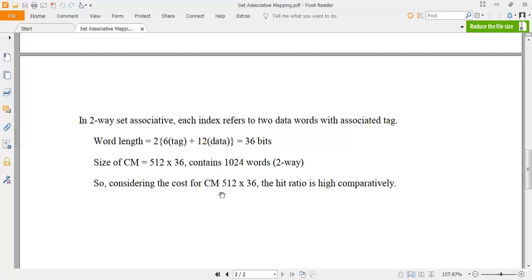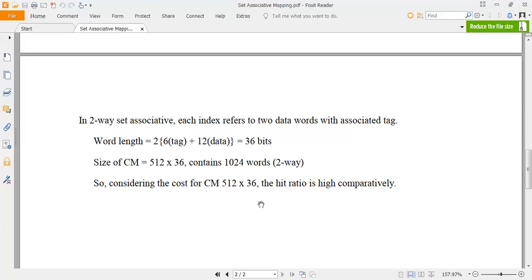So what is the advantage of this? Rather than a 512 address space storing single data, I am able to store double the data, because two data can be stored at the same address or same index, since it is a two-way set associative.